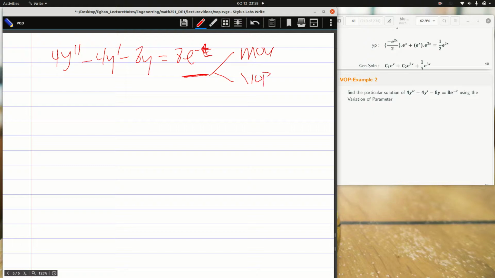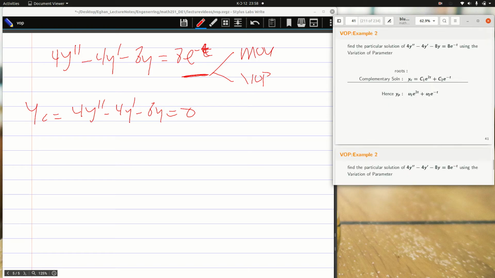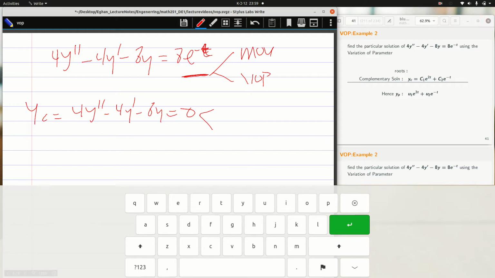So what is the root here? You know, you have to first set these ones to, let me just do the right thing not to confuse you. So I have 4y prime prime minus 4y prime is equal to 0. This is my complementary part. Again, I'll just quickly go through my solution for the complementary. It means the root is lambda 1 is 2, lambda 2 is negative 1.